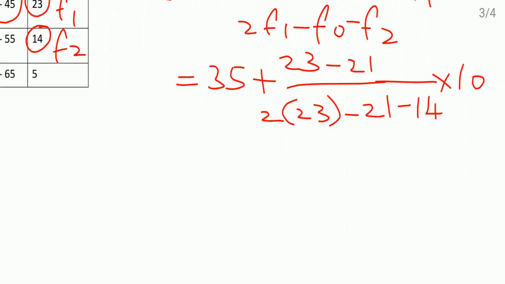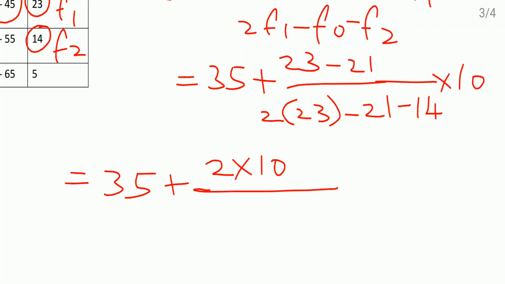Now, which is equal to 35 plus 23 minus 21, we are getting 2. So 2 into 10, divided by 46 minus 21 and minus 14, which becomes minus 35.